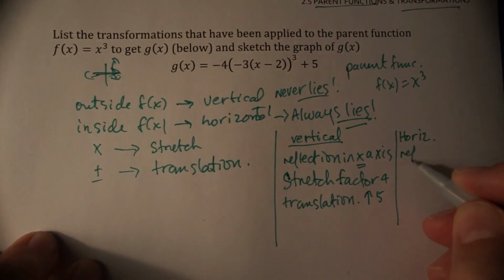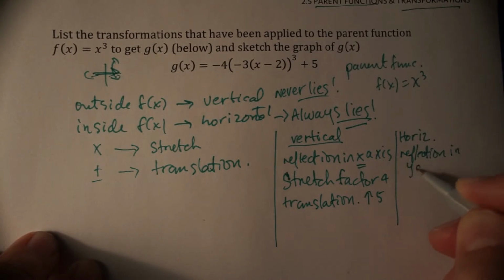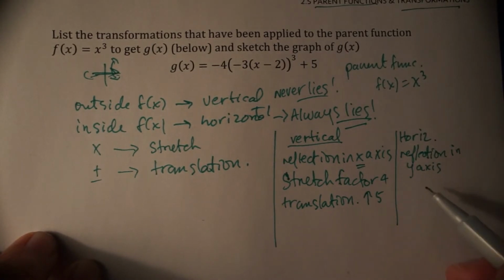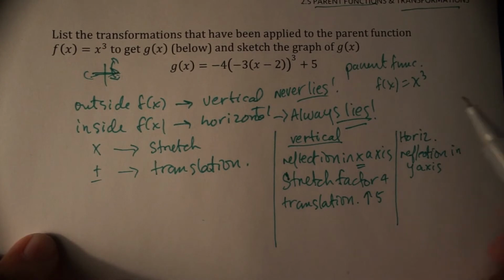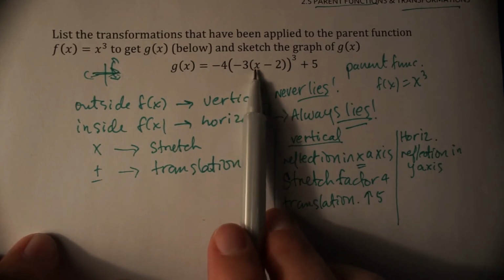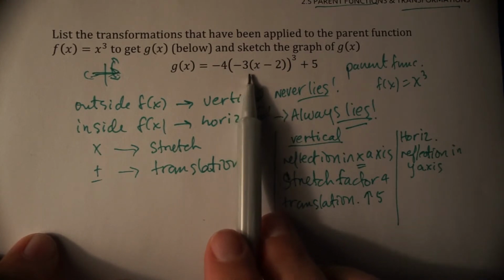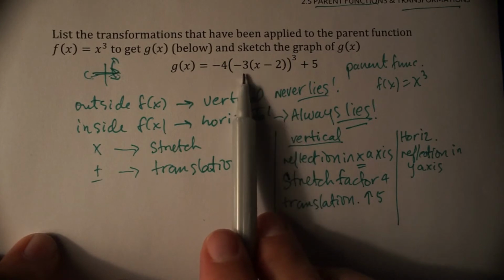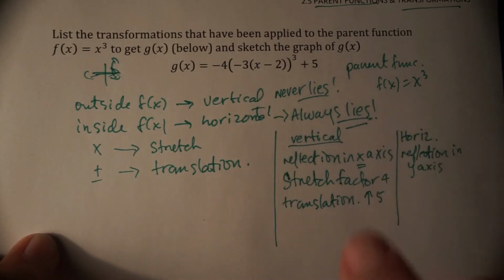So reflection in y-axis. And then what looks like a horizontal stretch of 3, but we know it's lying to us. So instead of multiplying by 3, it's like dividing by 3. To make that easy, the multiplication that occurs horizontally is always going to be the reciprocal, meaning it's flipped over.